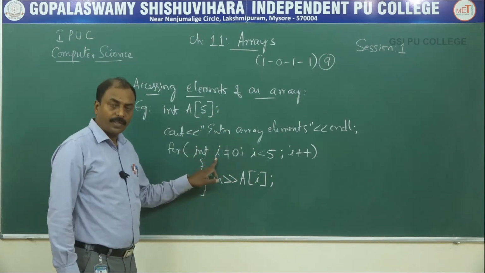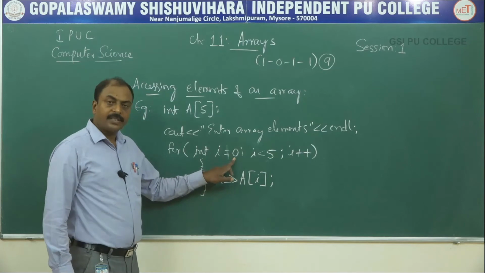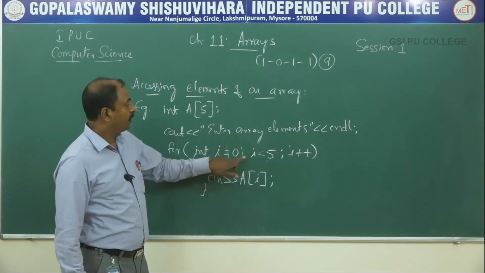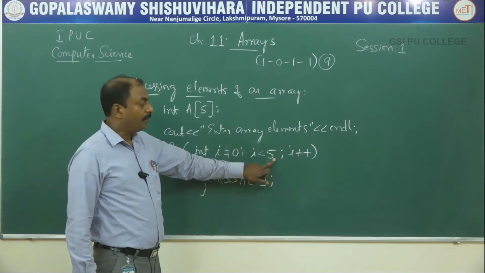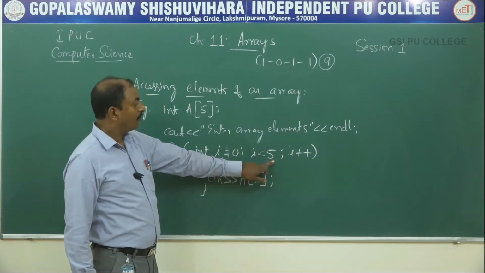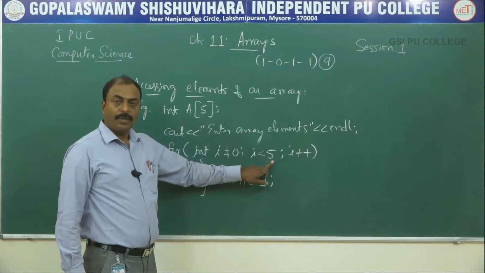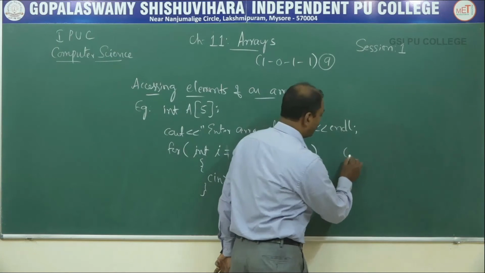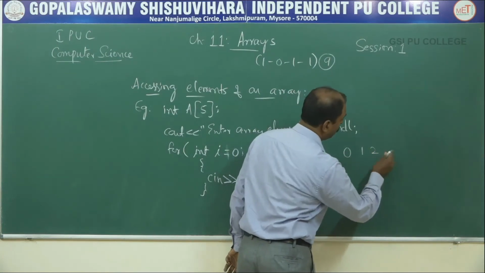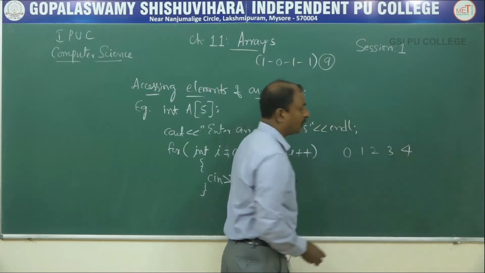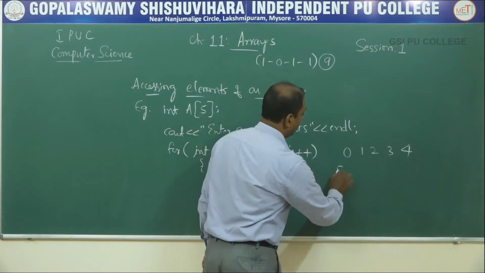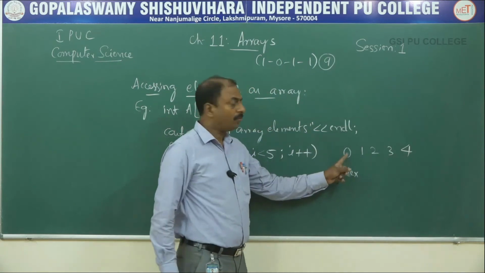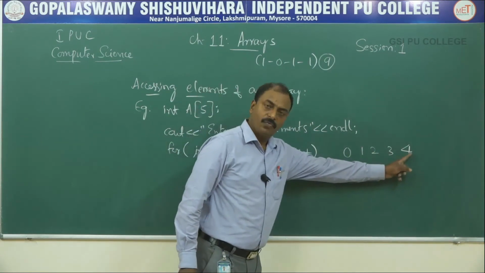Here i is the loop control variable and the index always starts with 0. The array index starts with 0 from the first element till the size of the array, in this example 5. So less than 5 means up to 4. If you look at the index, 0, 1, 2, 3, 4, this is the index of the array.